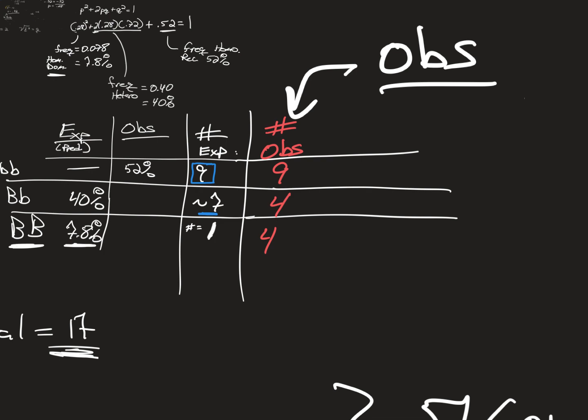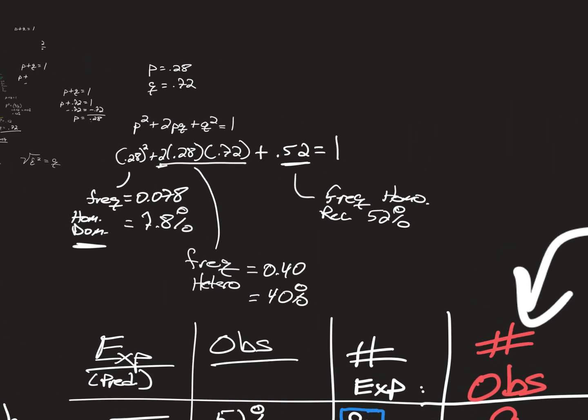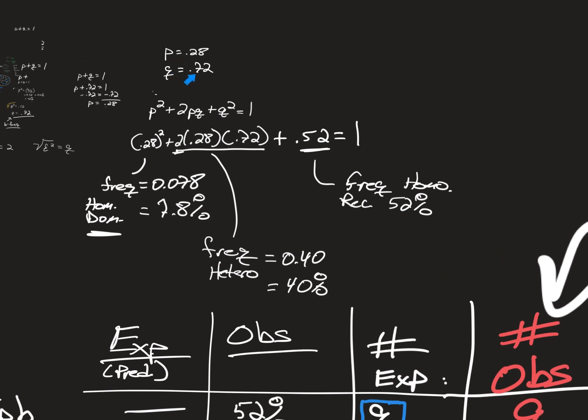Which allowed us then, using this math, to predict how many we expected to be homozygous dominant, how many we expected to be heterozygous, how many we expected to be homozygous recessive. Well, we knew this one because we could observe it.